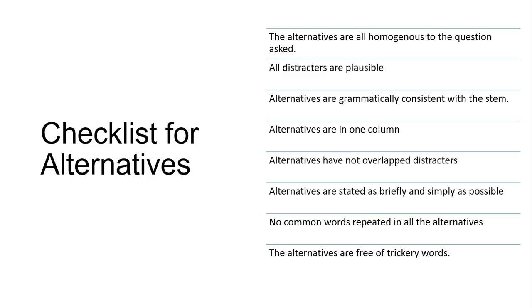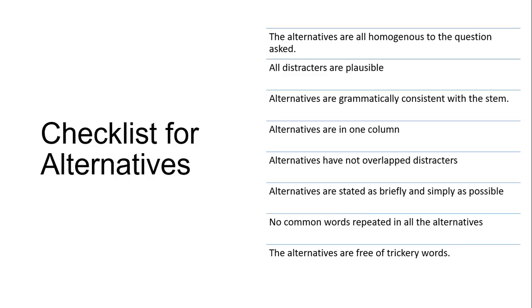Alternatives are stated as briefly and simply as possible. No common words repeated in all the alternatives. If there is a common word in the alternatives, you can mention it at first, then put the alternatives following it. For example, if you ask about Plasmodium, we have 4 famous species affecting man.